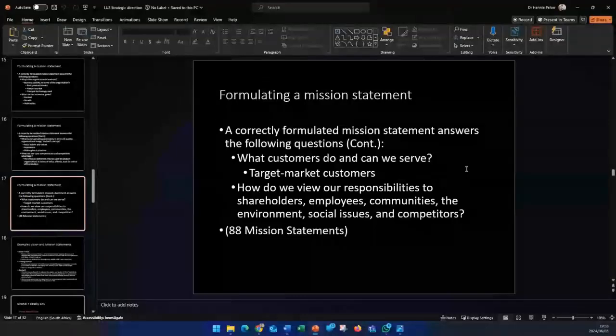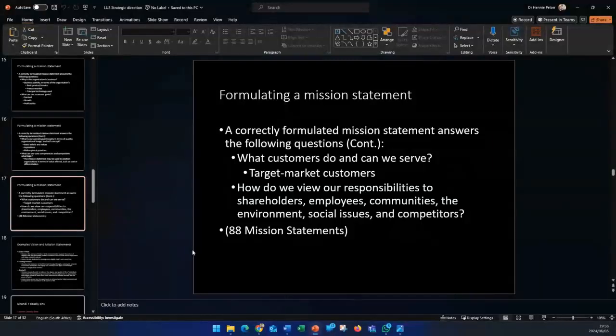What I've seen in these past papers is that they ask you to write a mission statement that addresses each of those. Please make it easy for the lecturers when we mark it. Make sure that you indicate which element of your mission statement addresses what aspect of these questions.